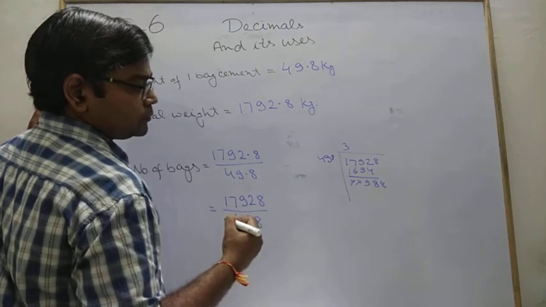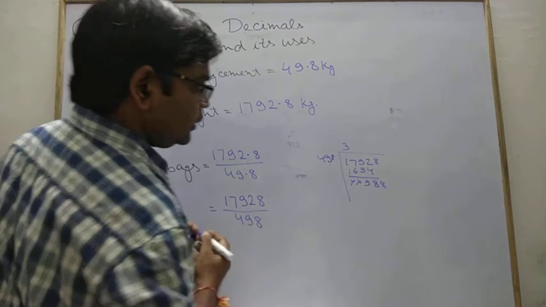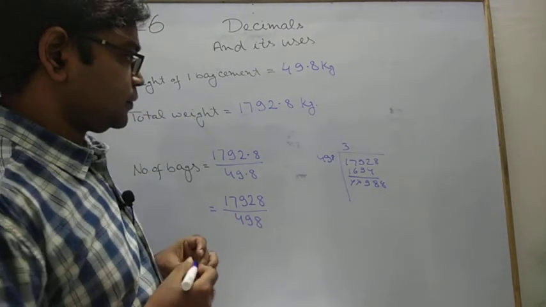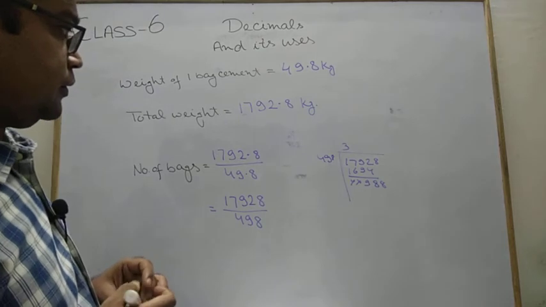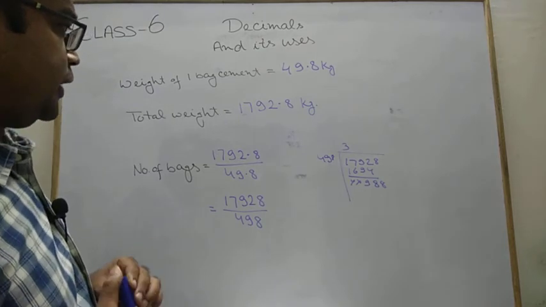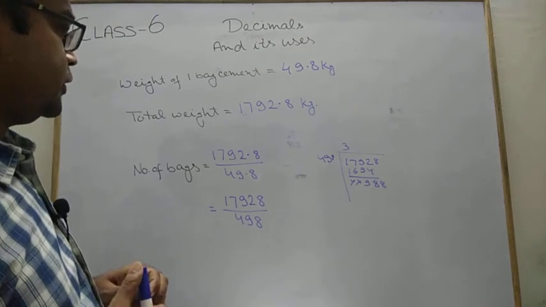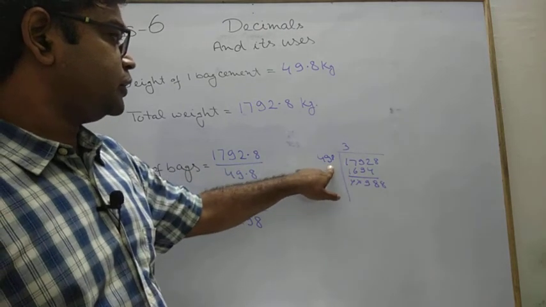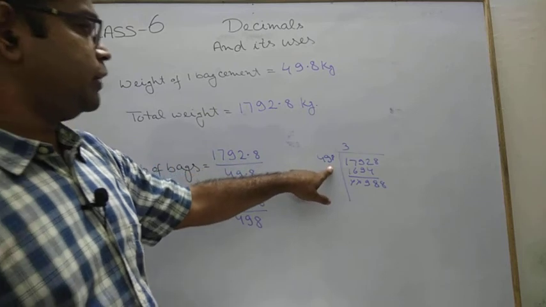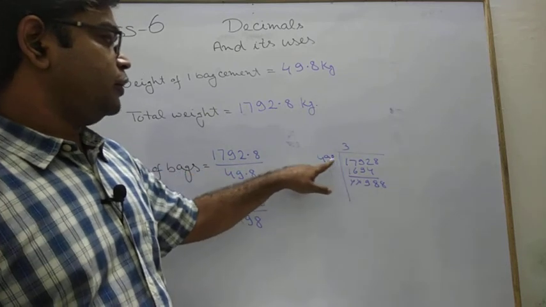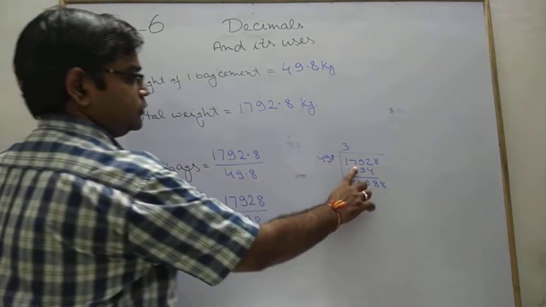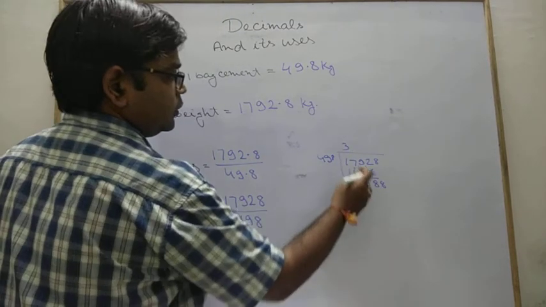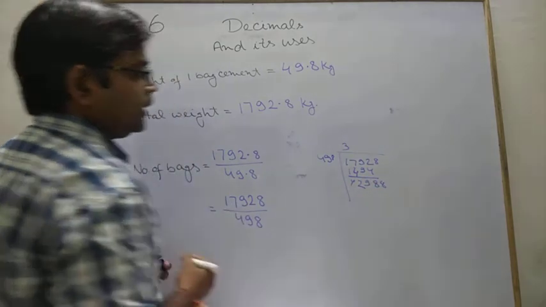Now there must be some missing numbers. 1792.8 and it's a 3. 3 8s are 24, 3 9s are 27... Now it's 2988.